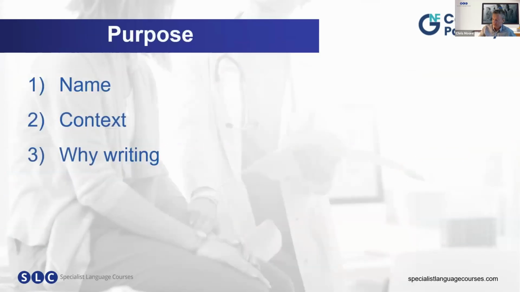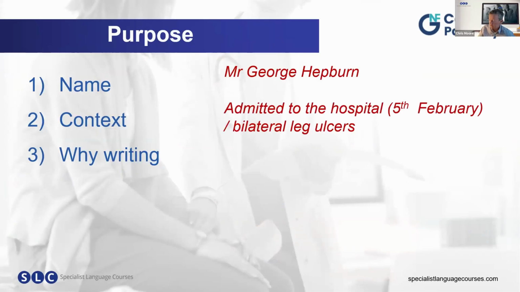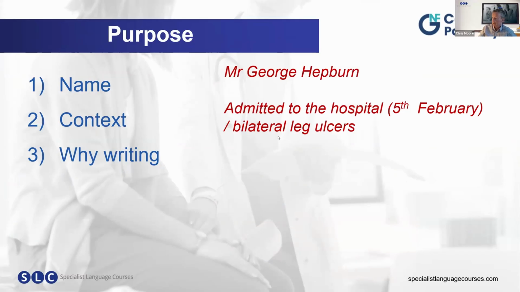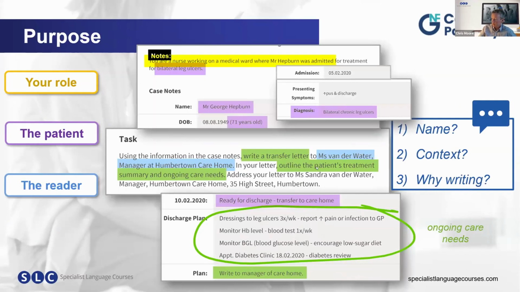So in the first paragraph, you're going to put the name of the patient, Mr. George Hepburn. You're going to give the context. So he was admitted to hospital on the 5th of February for bilateral leg ulcers. And you're going to give the reason why you are writing, because you're transferring the patient to the reader's care home. Remember, you're writing to the care home manager.